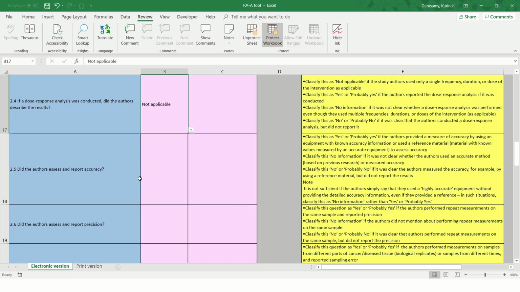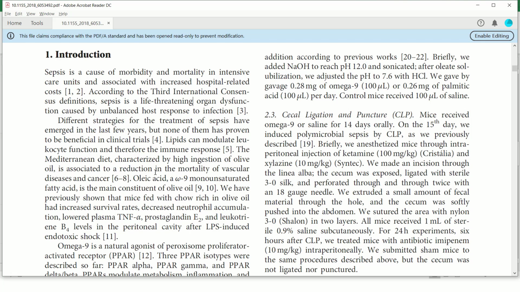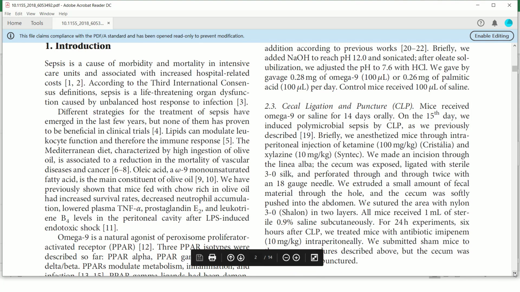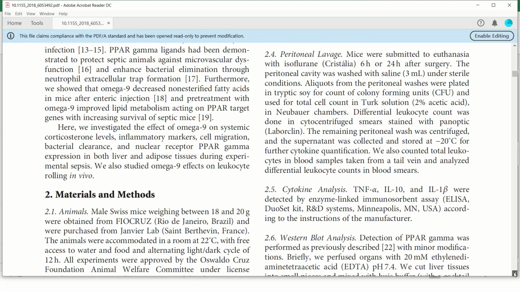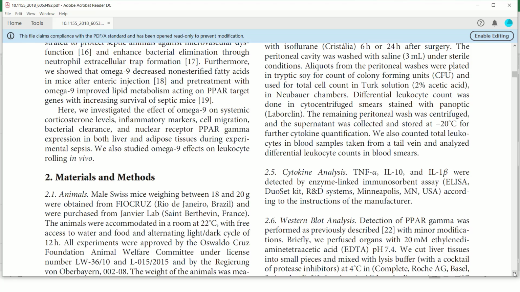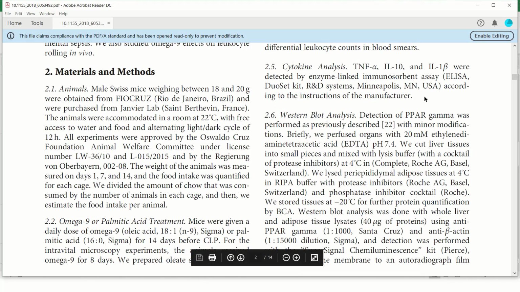Now, did the authors assess and report accuracy? So here they have lots of outcomes where they have done manually. So cytokine analysis. Okay, so they did it by the manufacturer's instructions.